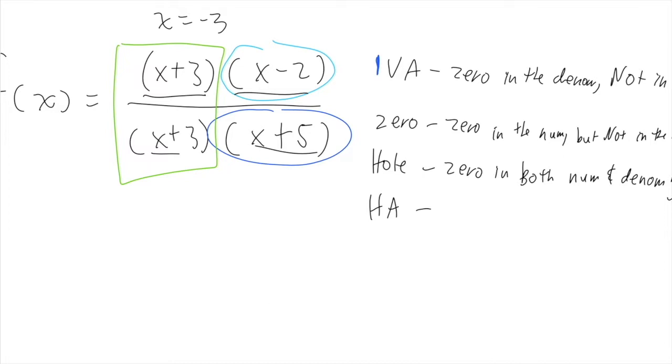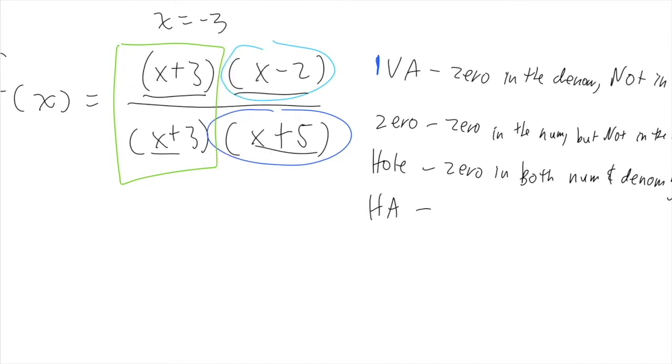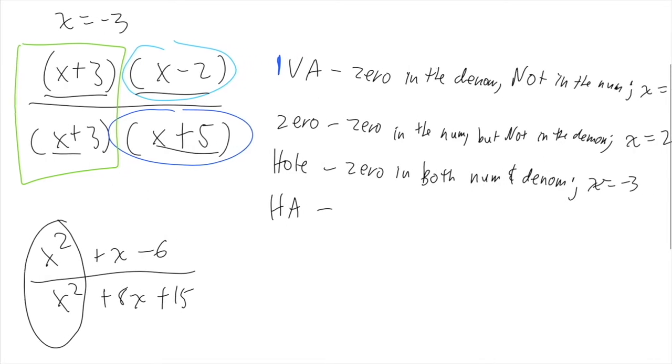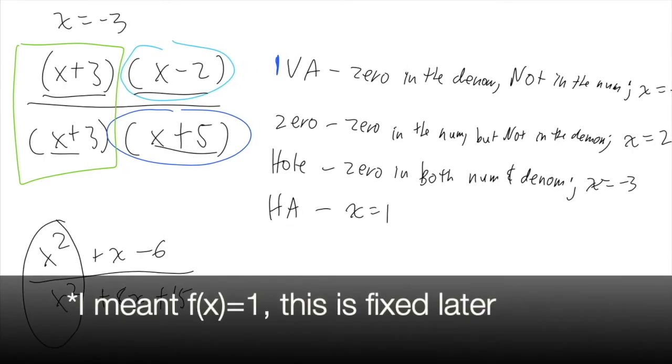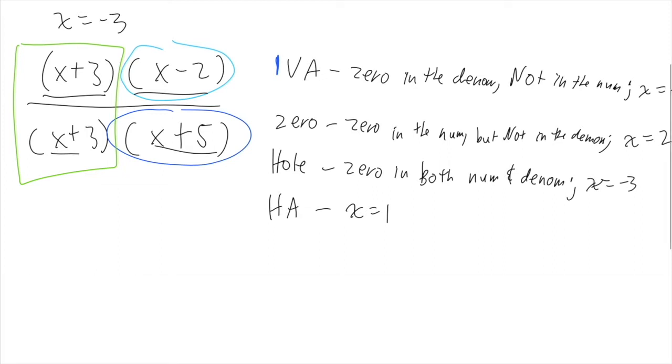So if we FOIL both of these, we're going to get x squared plus x minus 6 over x squared plus 8x plus 15. Then x squared over x squared is going to equal 1. So the horizontal asymptote is going to be at y equals 1. And what we're really going to focus on here is the vertical asymptote.